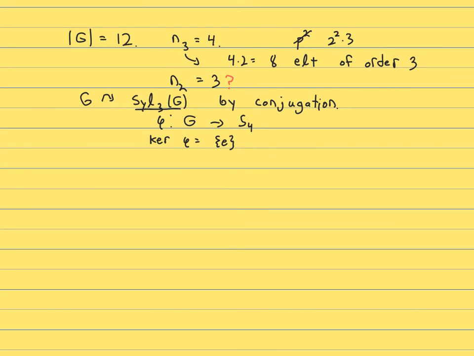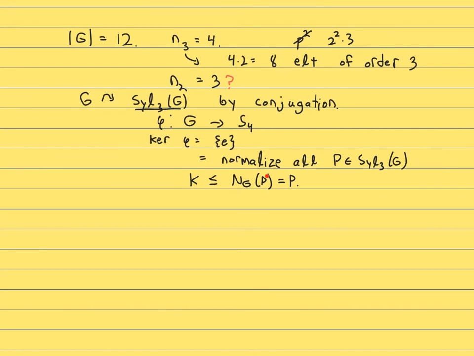We note that this kernel is going to be the elements that normalize all the Sylow subgroups. In particular, it's going to be a subgroup of the normalizer in G of P, which is just P. How do we know it's P?